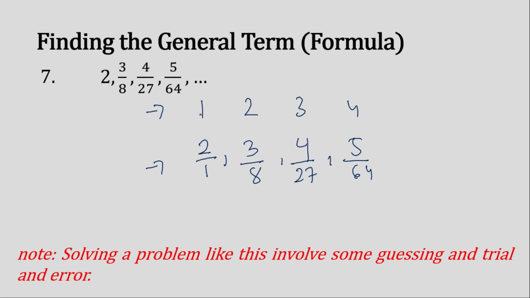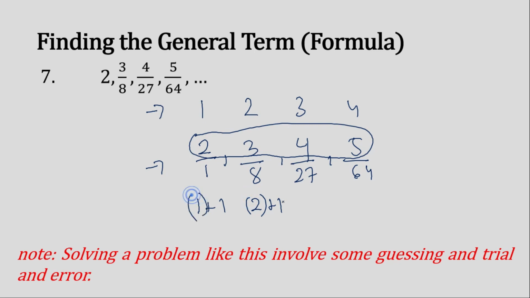If we focus our attention on the numerator, we can say that it is 1 plus 1, the other one is 2 plus 1, the next one is 3 plus 1, and the fourth one is 4 plus 1. So that's the relationship on the numerator.